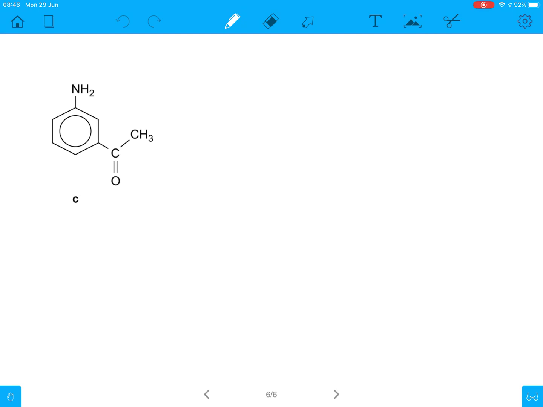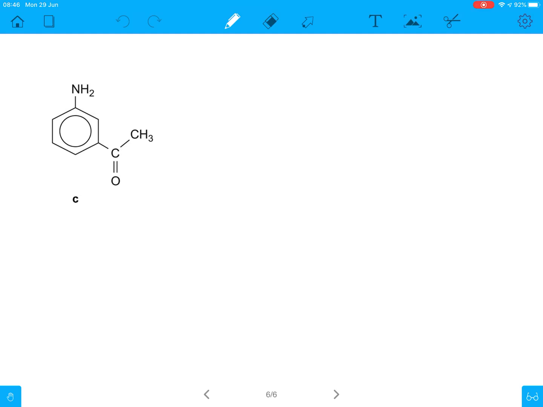Okay, so the last example was here. We've got NH2 in position 1, and we've got our acyl group in position 1, 2, 3. So we need to add a nitro group. We then need to acylate it, because the NO2 group that's on there will direct it to position 3. Then we're going to reduce our NO2 to NH2.